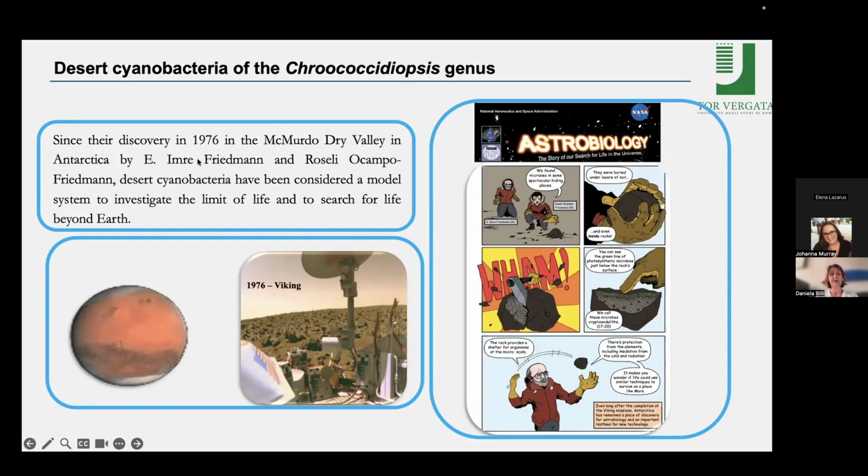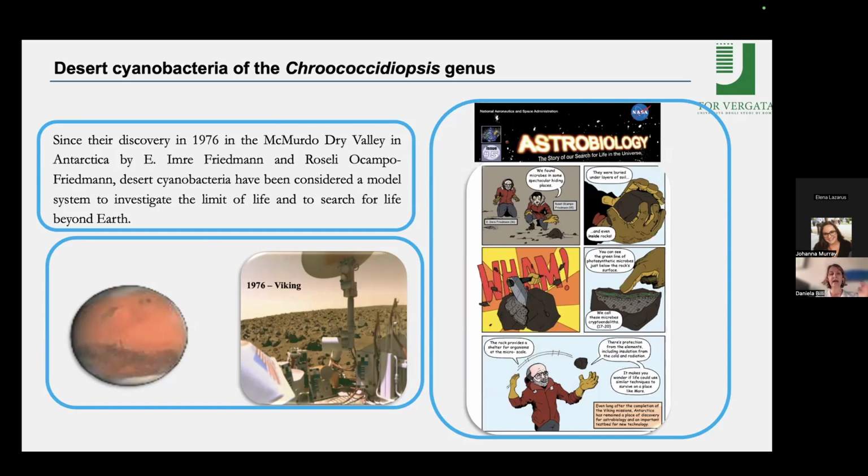So at that time, Friedmann and his wife, Roseli Ocampo, published in Science the discovery of this community inside the rock in the McMurdo Dry Valleys, which had been considered without life since then. They also ended their publication saying that in order to look for signs of life on Mars, we should look not on the surface but under the surface.